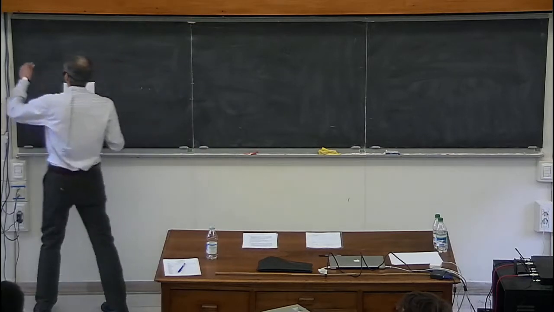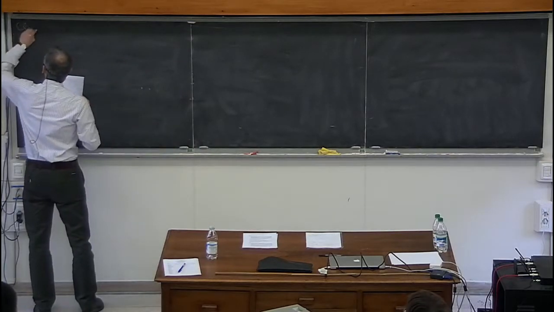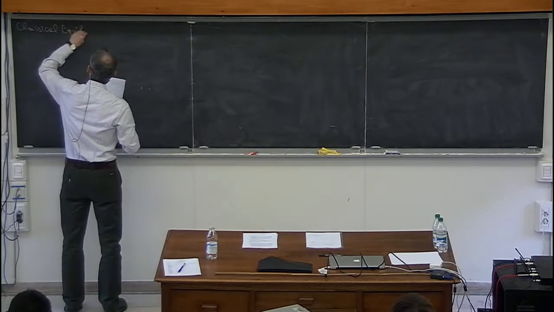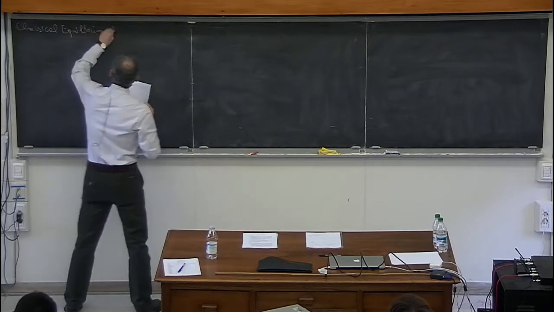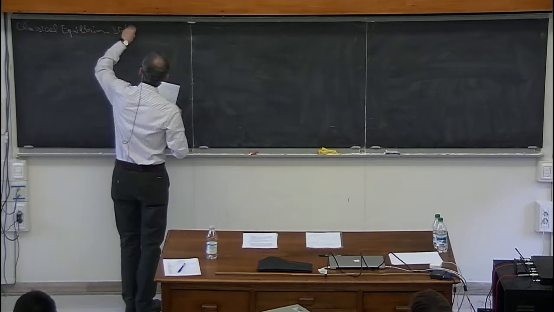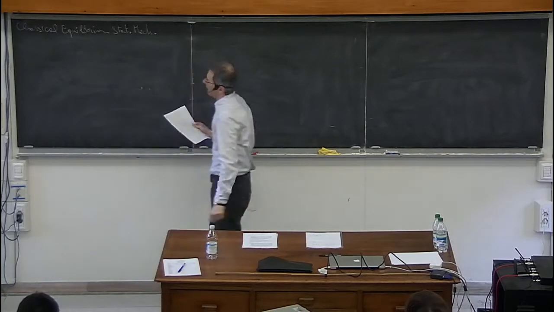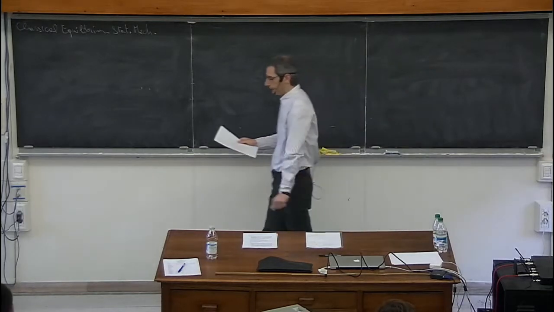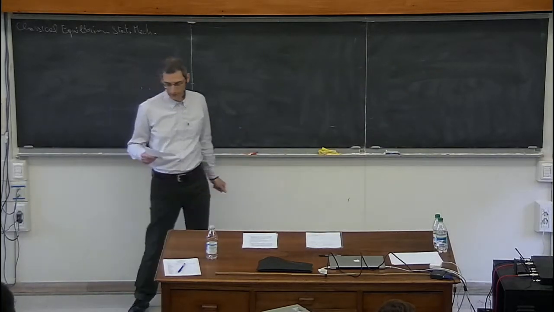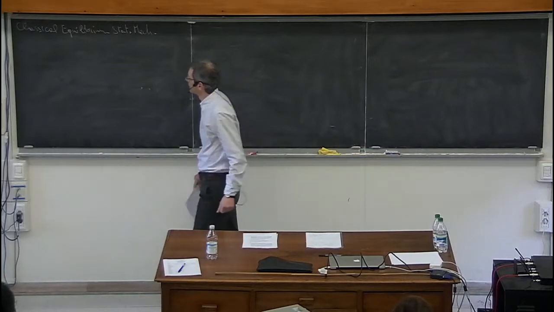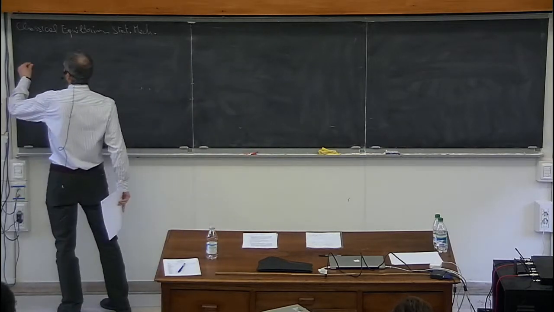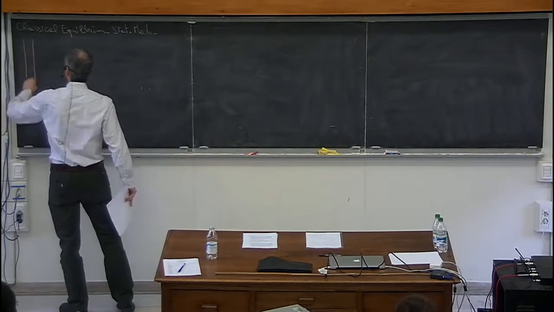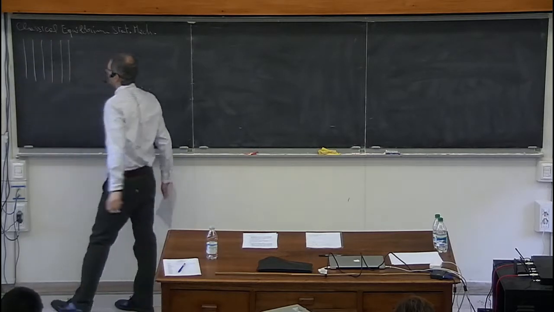So let's start from classical equilibrium stat mech. Now, for reasons that will become clear in a moment, the simplest and most convenient thing is to think of systems discretized on a lattice. So we will be in two dimensions.